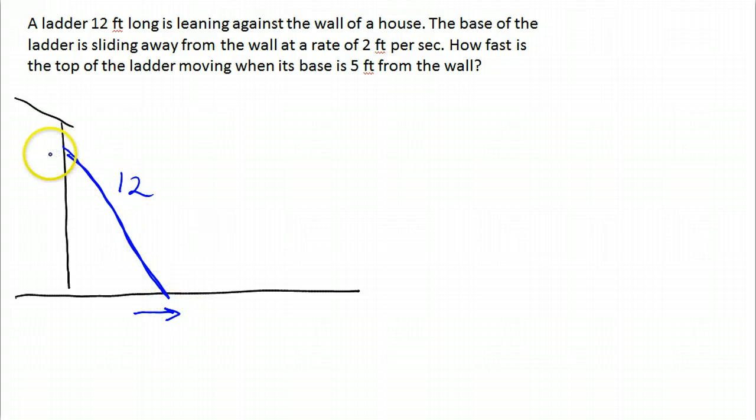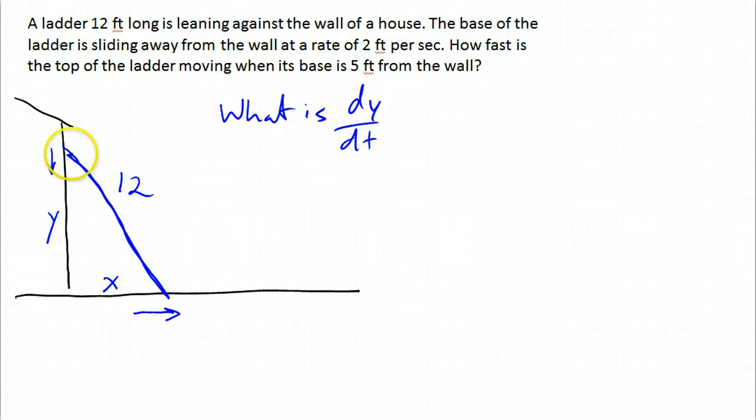So the question is, how fast is the top of the ladder moving when its base is 5 feet from the wall? Let's call this x because it's horizontal, and we'll call this y. And so the question is, what is dy/dt?